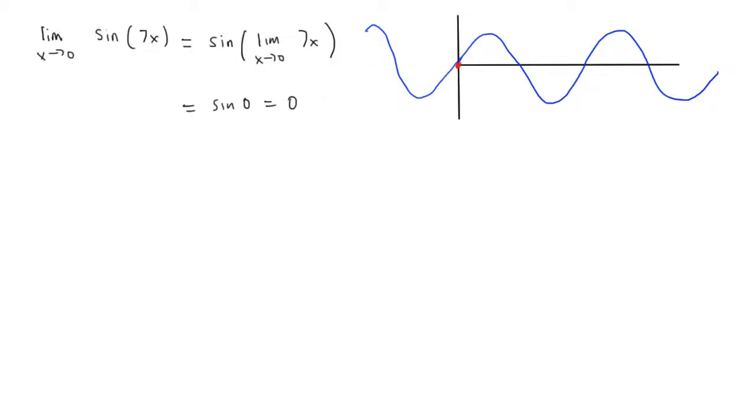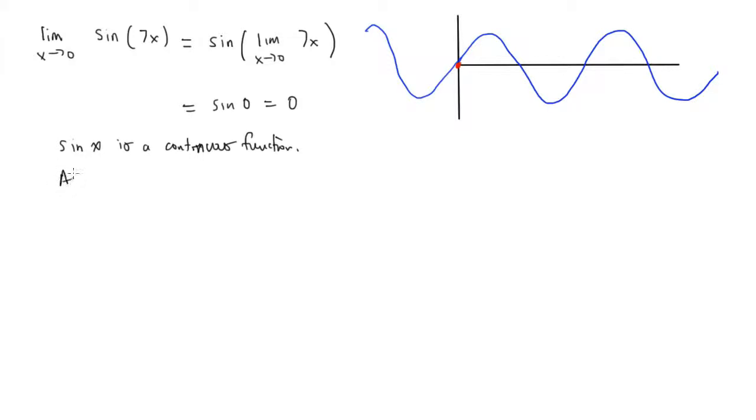And in fact it is 0 because of this kind of computation. The reason that I'm allowed to just slip the limit inside like that is because sine of x is a continuous function. In fact, all the trig functions are continuous, provided that they're defined.